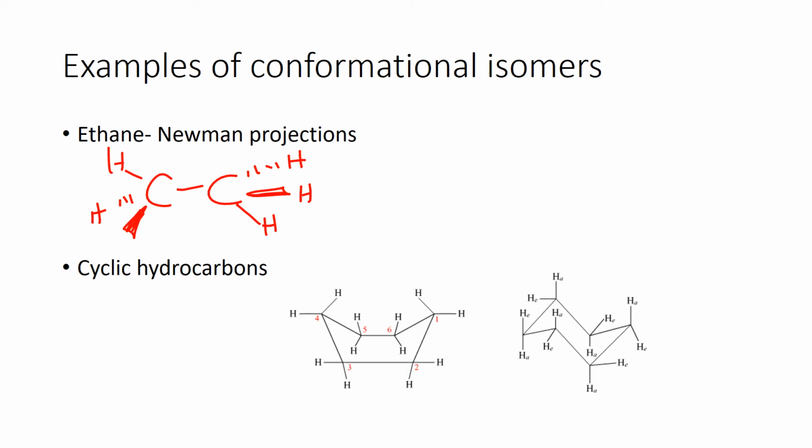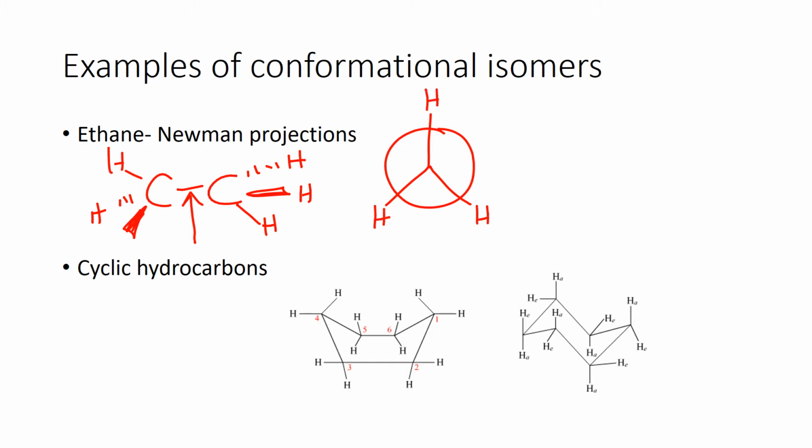When we look at a Newman projection, it's like we're looking down this bond from one carbon to the other. Okay, so you'll see something that looks like this. So this dot right here, that's like the bond axis, and I'm looking straight down it. Okay, so these are the hydrogens on one of the carbons.